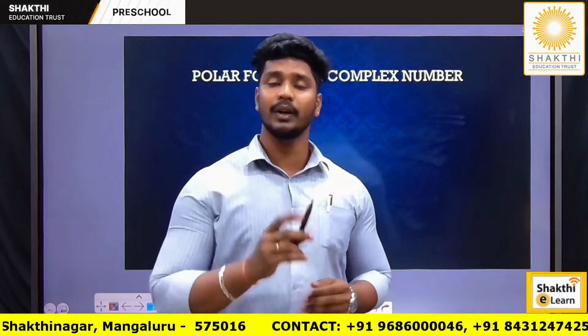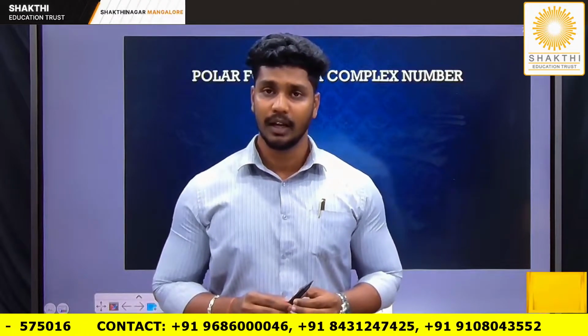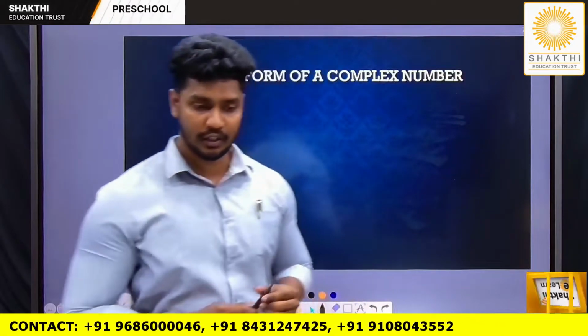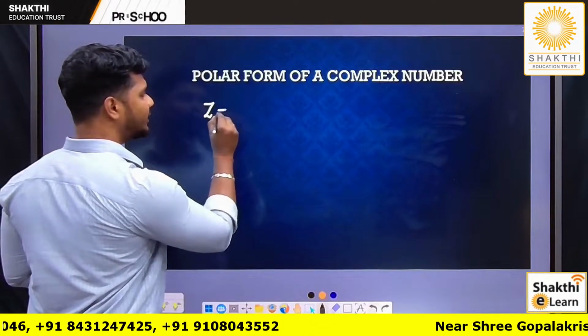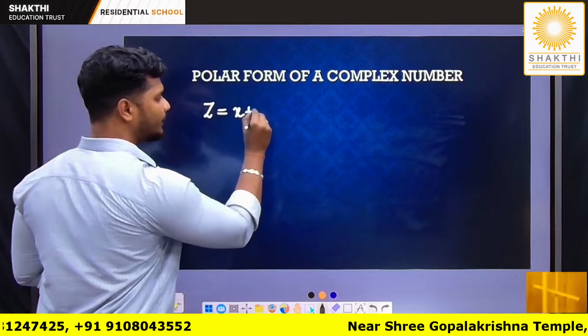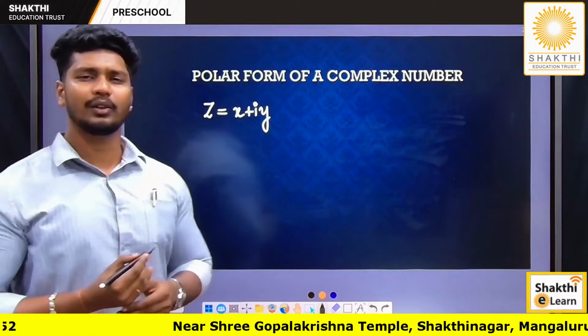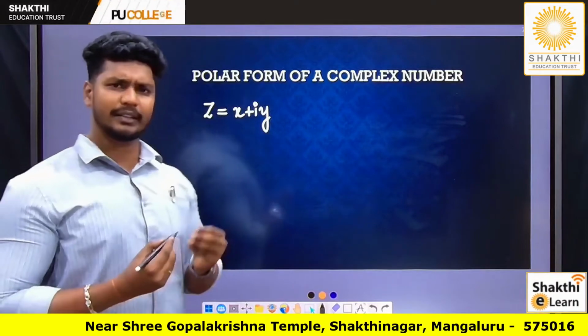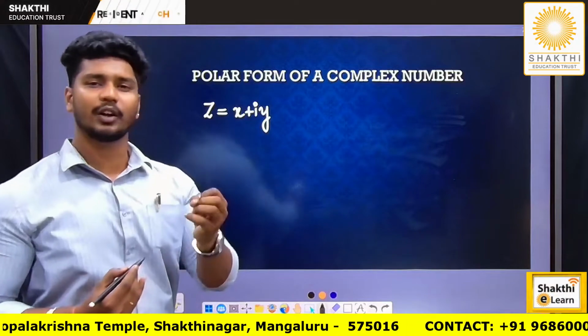The next part we are going for in complex numbers is the polar representation of a complex number. Here, the complex number we are assuming is in the form z is equal to x plus iy. It is similar to a plus ib also, but we represent x plus iy because this complex number can be represented on a plane.